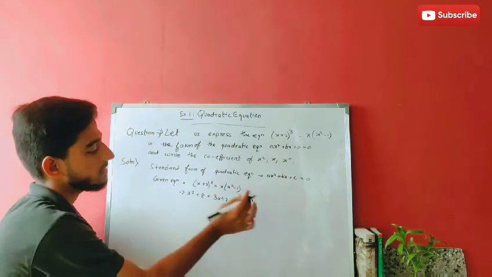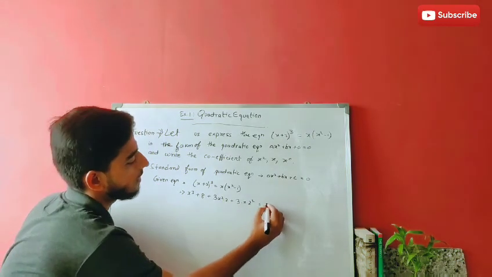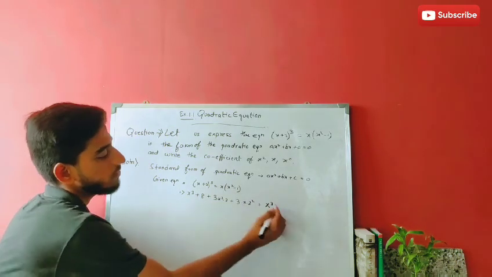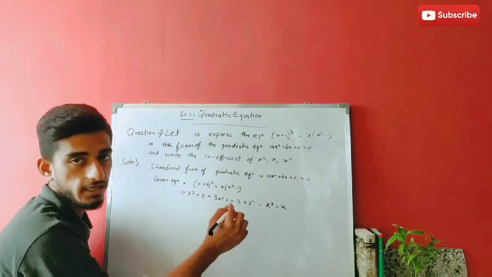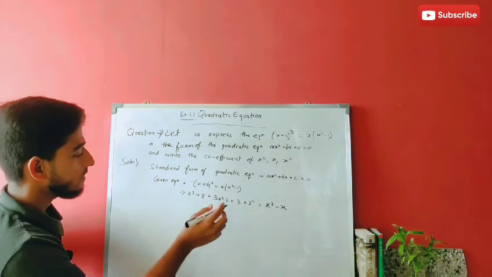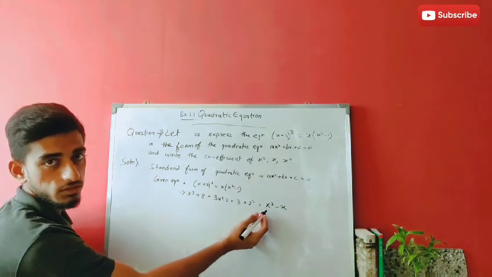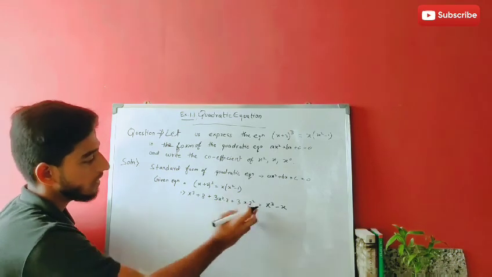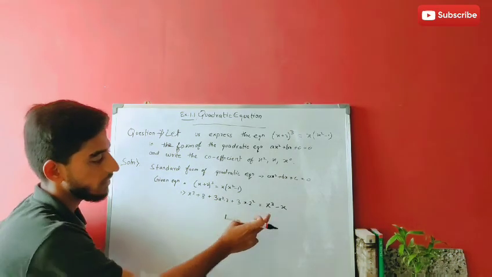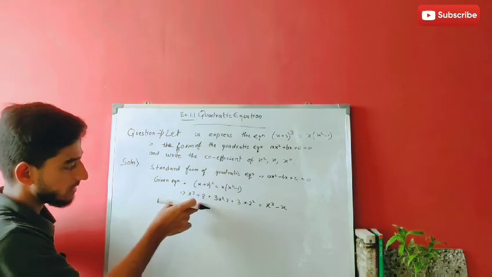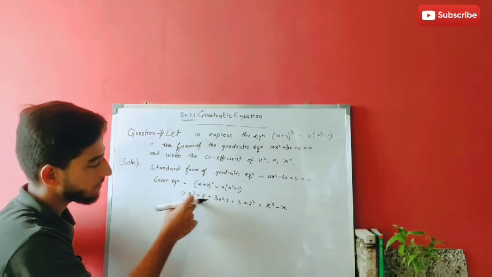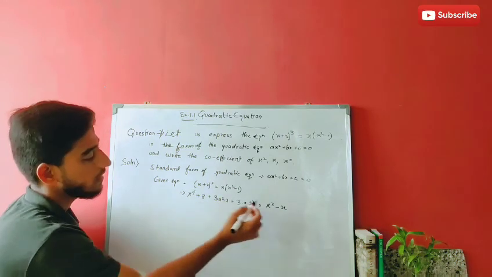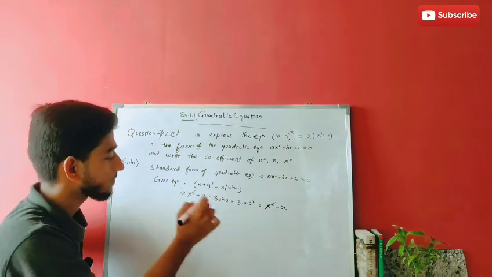Now on this side what we have, x cube, x into x square is x cube, minus x. Now we can cancel this x cube and x cube, because they are on opposite sides of the equal to sign and both are of the same sign. So when we bring it over here, it will become 0. So here only we can cut these two.